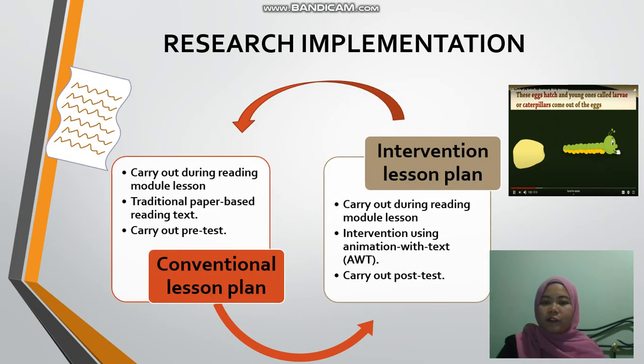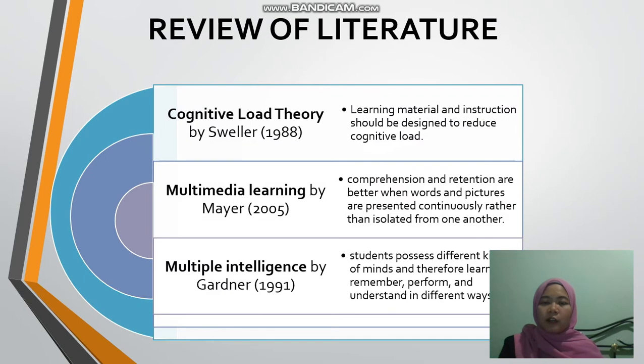For review of literature, there are 3 literature reviews that I have found. The first one is Cognitive Load Theory by Sweller, who states that learning material and instruction should be designed to reduce cognitive load, meaning to say that when the cognitive load is reduced, it is easier for learners to understand and compute information.